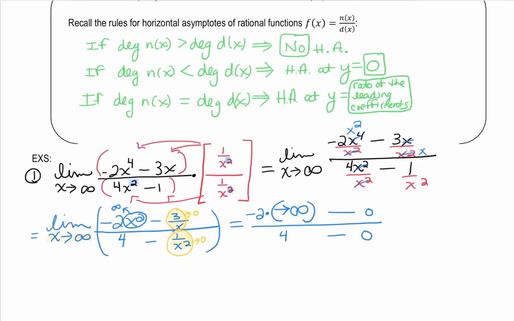Well, a negative number times something going to positive infinity is going to negative infinity. And so this numerator is going to negative infinity. The denominator here is going to 4.